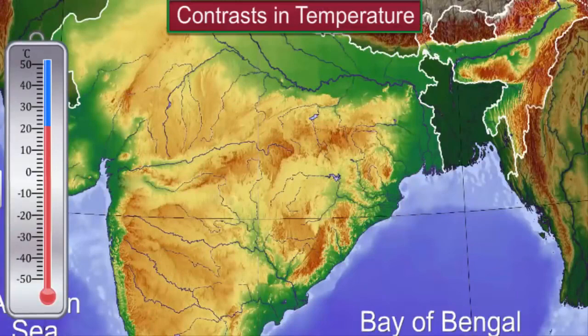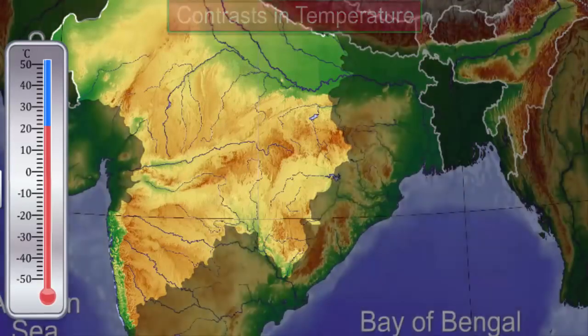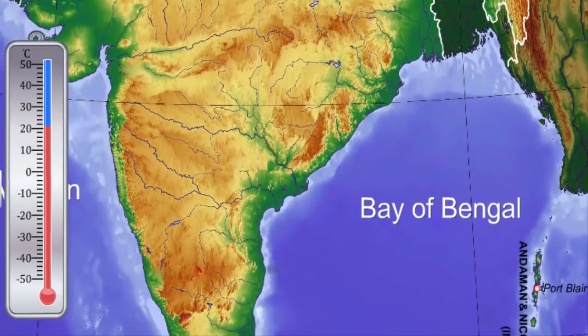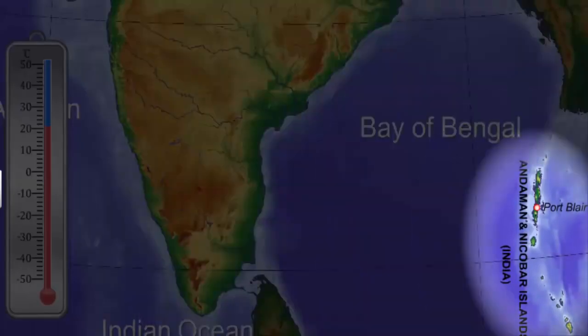Contrasts in temperature are experienced more in the interior of the country. On the other hand, there is hardly any difference in day and night temperatures in the Andaman and Nicobar Islands or in Kerala.